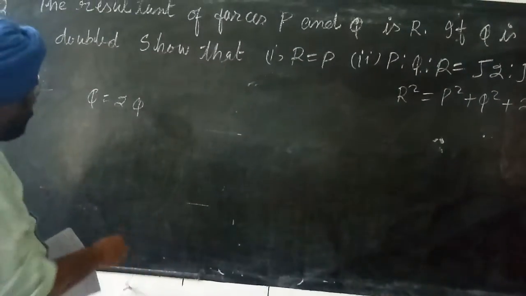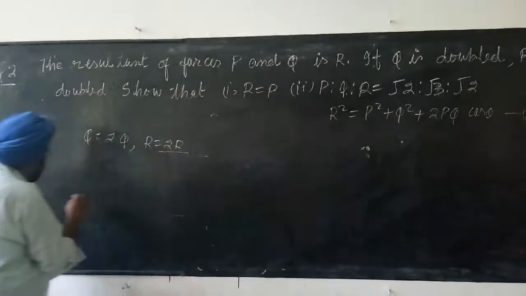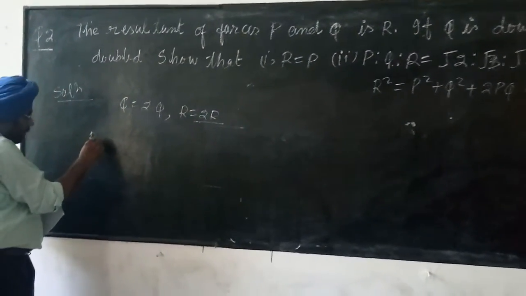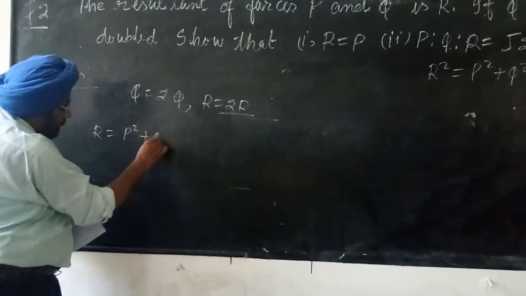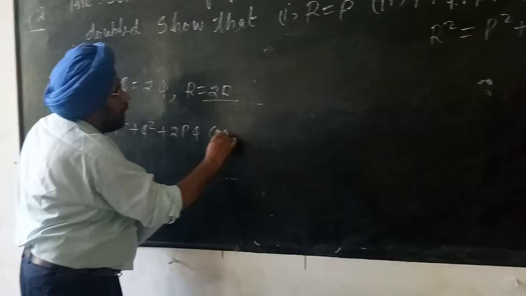Then R is doubled, so it means R becomes 2R. So R is equal to the root of P square plus Q square plus 2PQ cos theta.